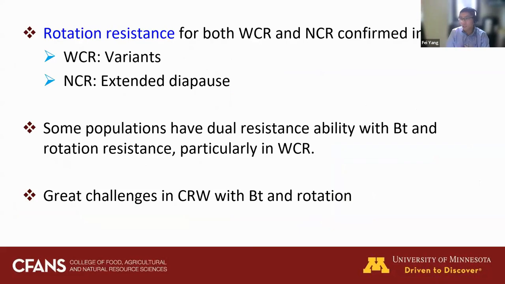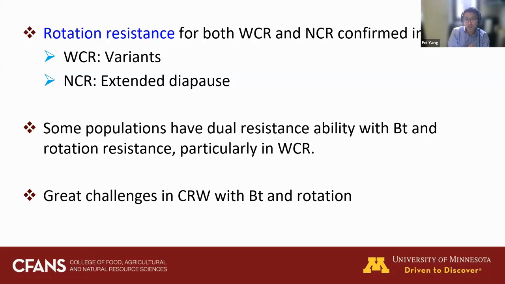So here is a summary for corn rootworm management for crop rotation. As we mentioned, right now we have both rotation resistance for western corn rootworm and northern corn rootworm confirmed in Minnesota with different mechanisms. For western corn rootworm, we call it variants, and for northern corn rootworm, we have extended diapause problems.